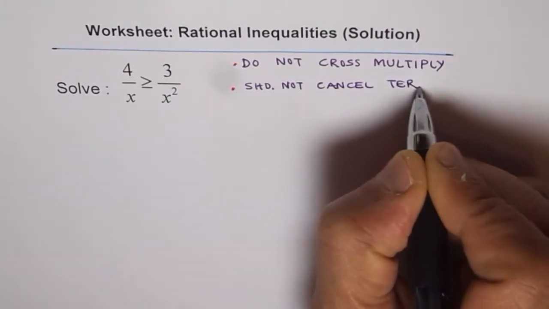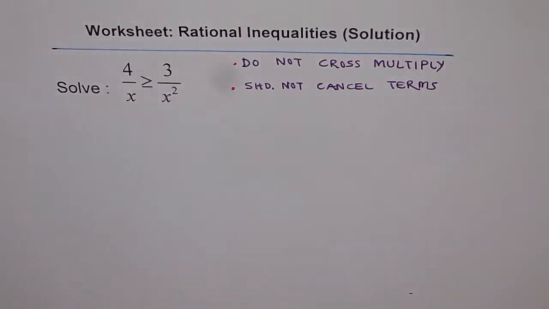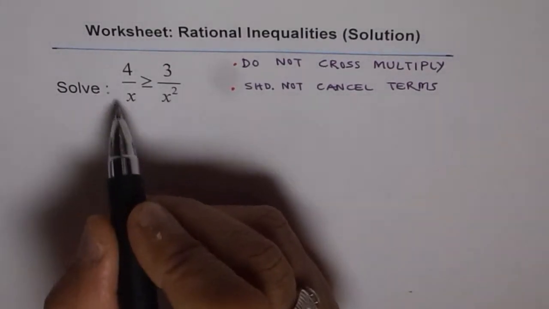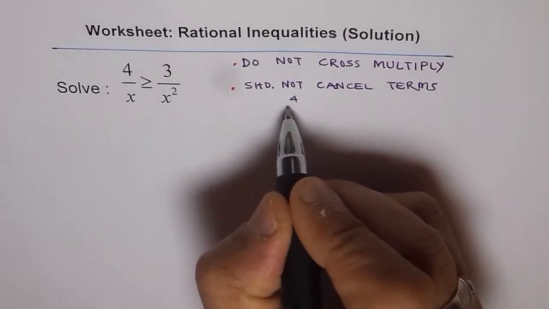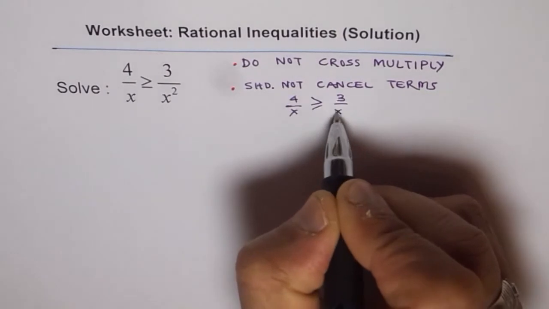You understand what I'm trying to say, right? That is x and x. You should not do that, correct? Let me be very specific, and let me give you a wrong solution here first. I could solve this as 4 over x greater than or equal to 3 over x squared.